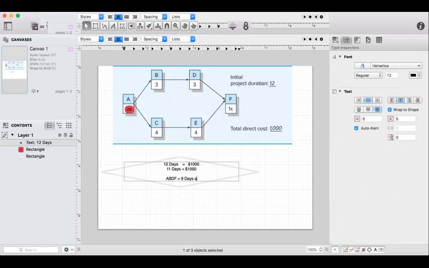And A, C, E, F equal 1, 2, 3, 4, 8, 9, 10, 11 days. Okay, so guys, which one is longer? A, B, D, F or A, C, E, F? ACEF. Okay, A, C, E, F. Now, we can't crash A, we can't crash F. We can only crash C or E. So which one do I crash?